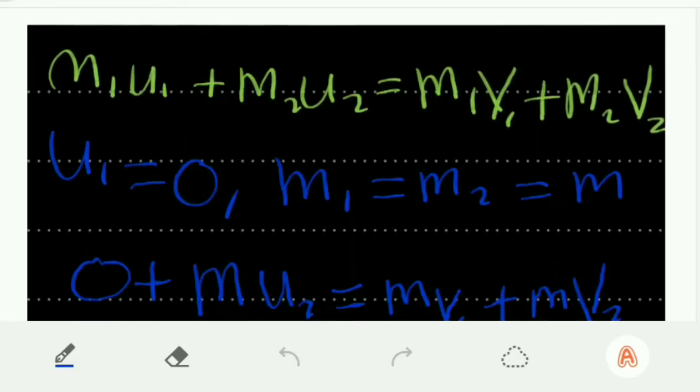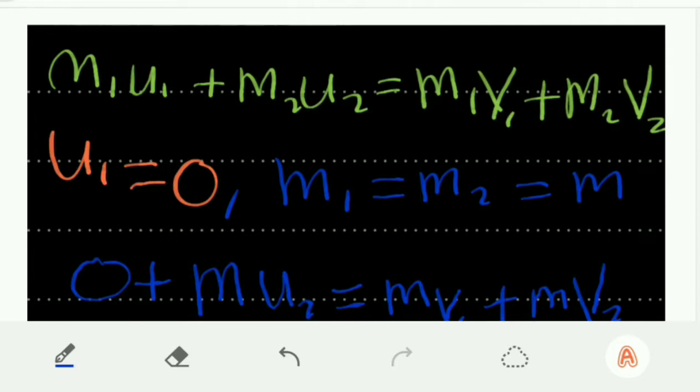Because the first vehicle was at rest, we have that u1 is equal to 0, and because u1 is equal to 0, that term will definitely be out of the equation. And then the mass of the first vehicle is equal to the mass of the second vehicle, which can simply be considered as m.